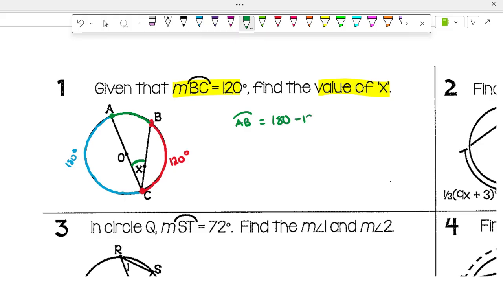Right, we would subtract 120 from 180, which would be what? 60 degrees. So this arc is 60 degrees. So if the arc is 60 degrees, what's the measure of the angle? It's 30. You would take 60 and divide it by 2. So it would be 30 degrees.